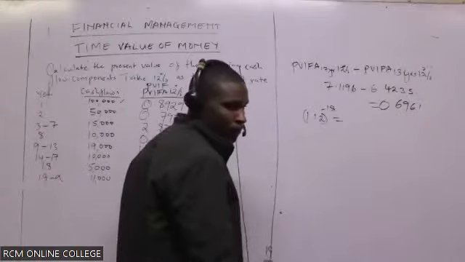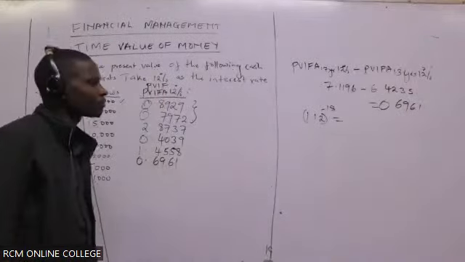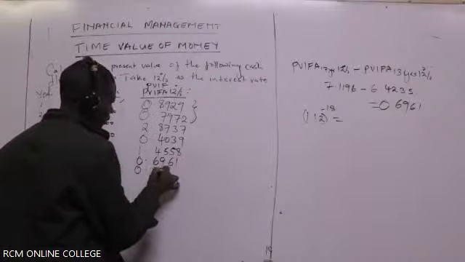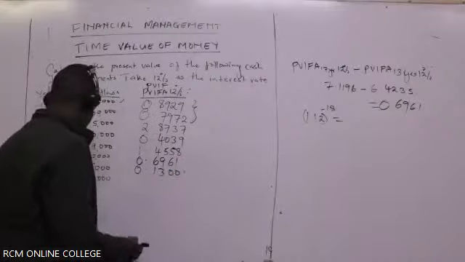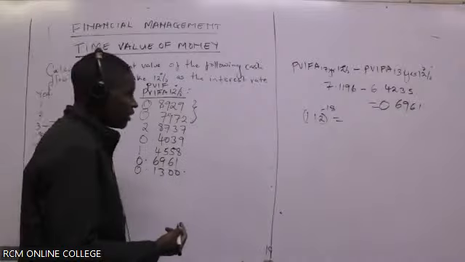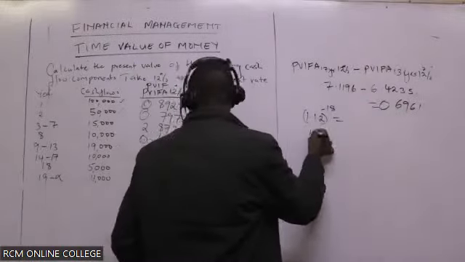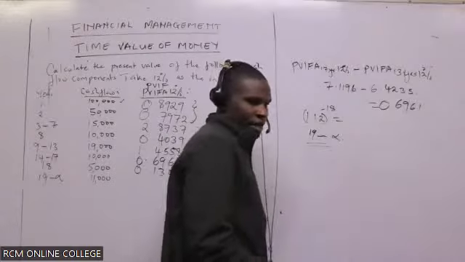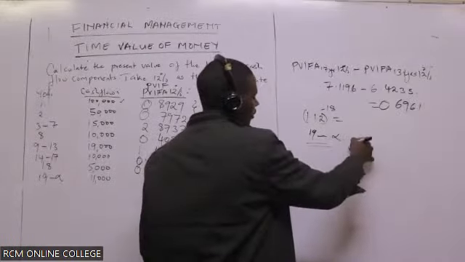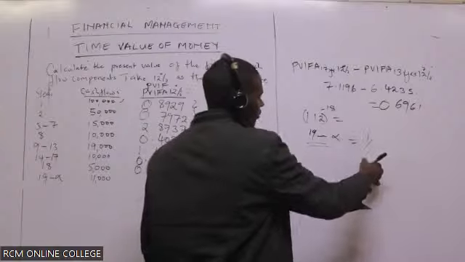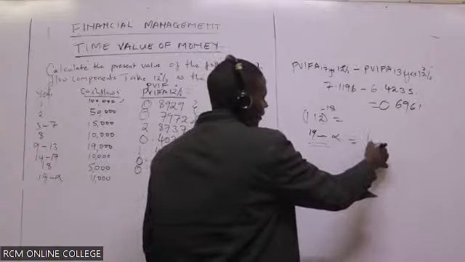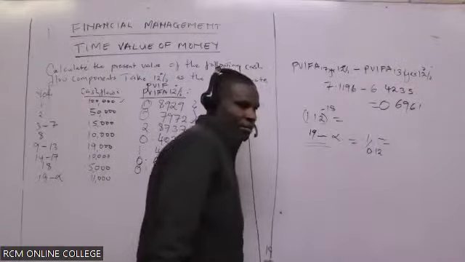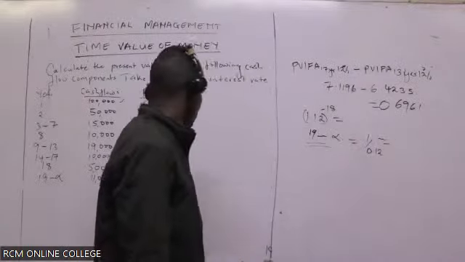What do you get? 0.1300. And then the last one is infinite: year 19 to infinite.